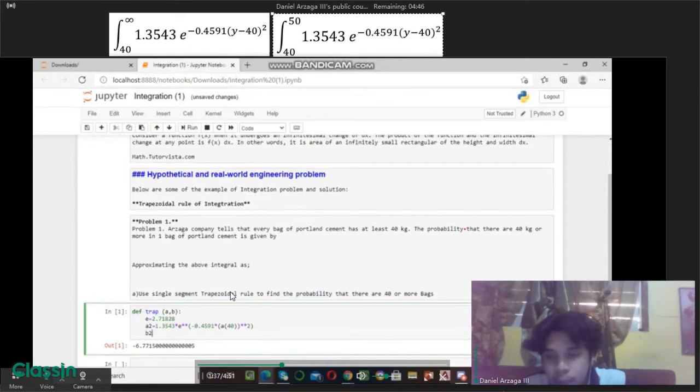Then for B2: B2 equals 1.3543 times e raised to negative 0.4591 times B times 40, the Portland cement kilograms, raised to 2.